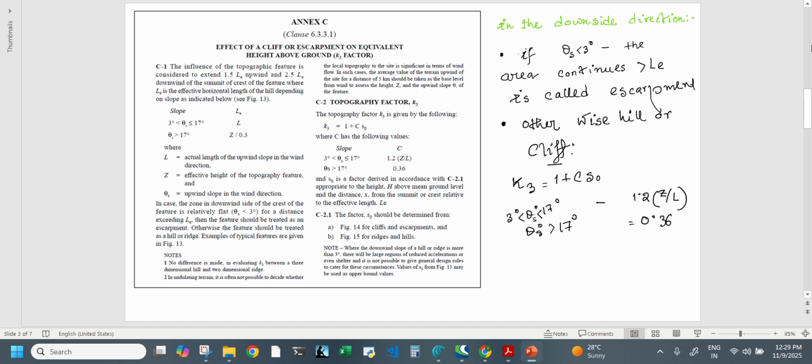We have earlier discussed that the K3 value depends upon the topographical factor, and theta, that means the upwind slope, is greater than 3 degree. So we have to calculate the factor K3, and K3 value is generally 1 to 1.36.